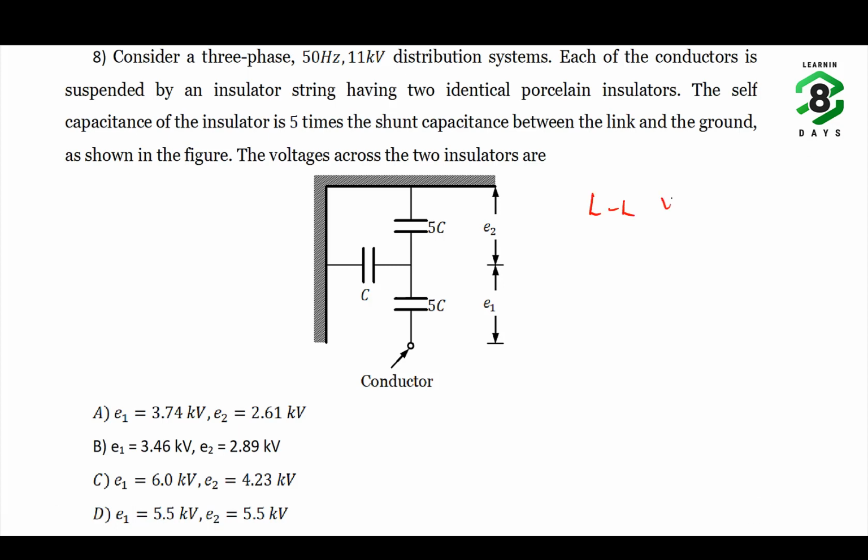The line to line voltage of the distribution system is 11 kV. So the voltage of the conductor with respect to tower, that is with respect to ground, is 11 by root 3 kV. Now this 11 by root 3 kV is distributed across the two discs. The distribution we need to find out.